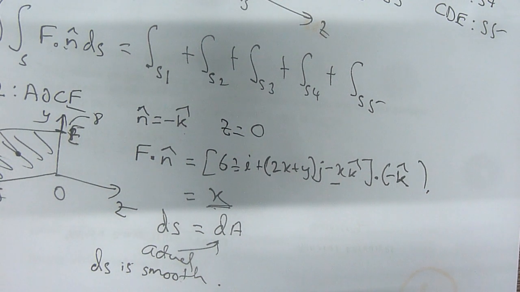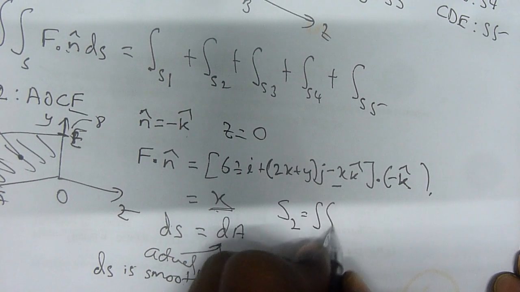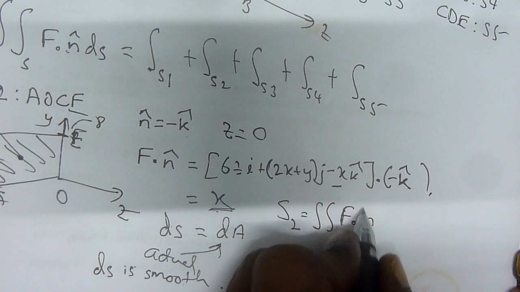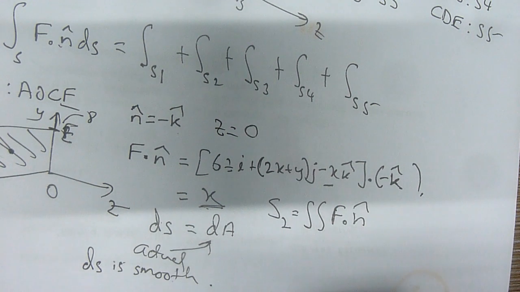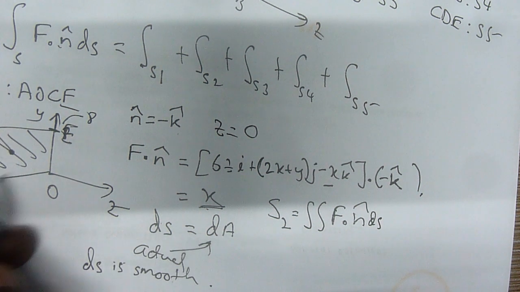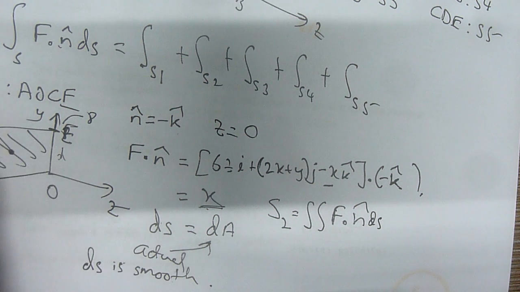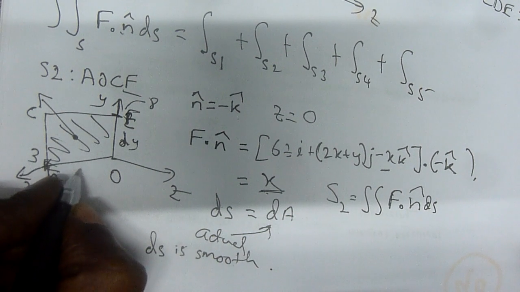Now with this information, can I calculate the S2? F dot n dS. dS is what? Small dS, not a big dS. dA is what? dA is dy dx.